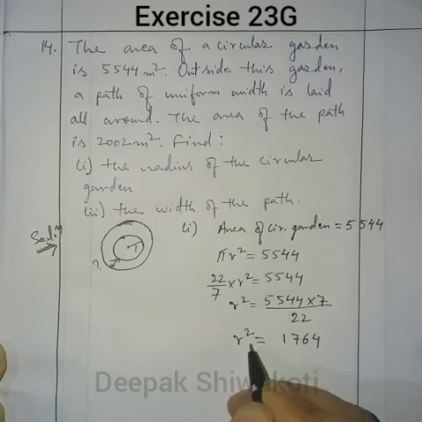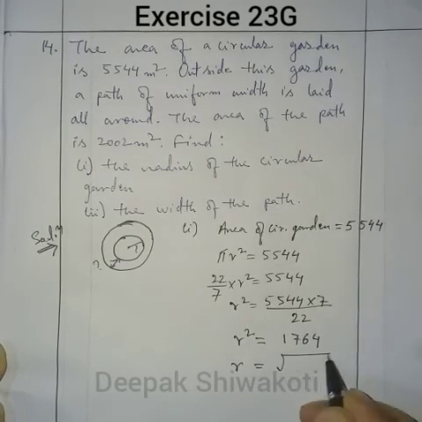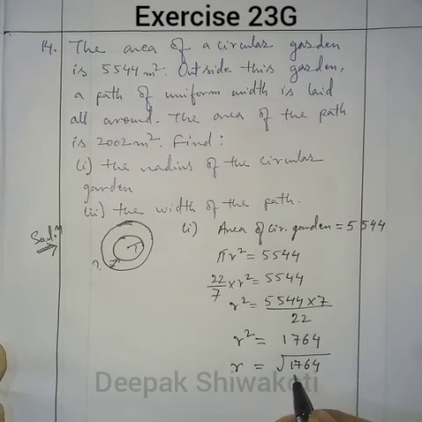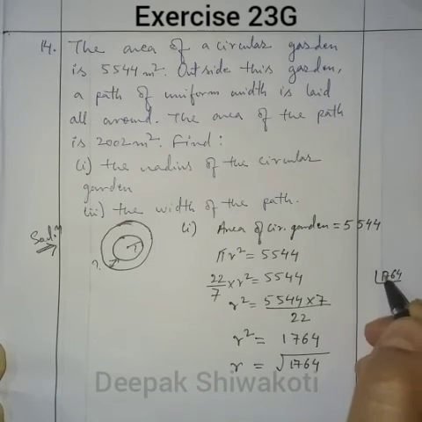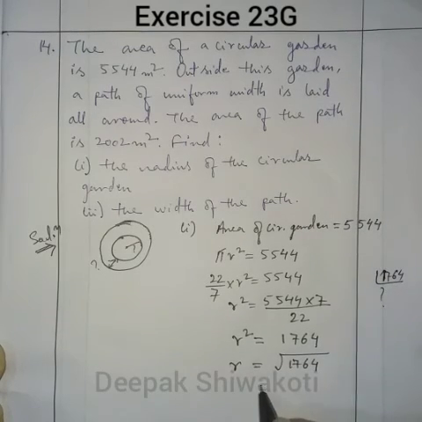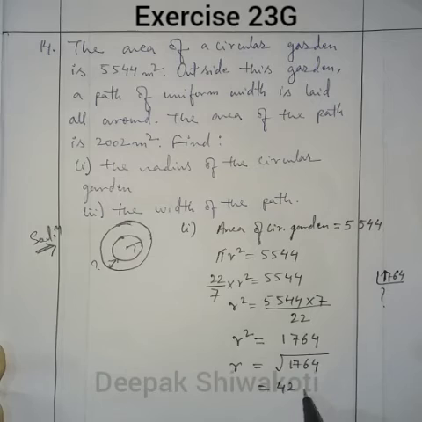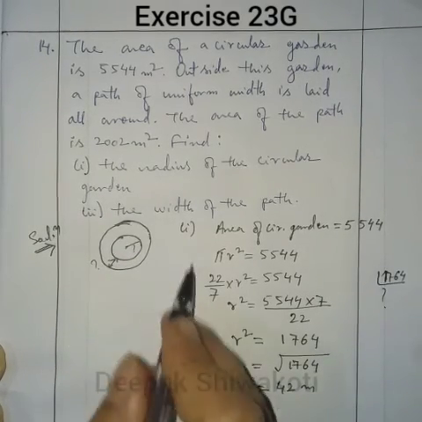The square root of this is the radius of the circular garden. Factorize this and find it. Here we get 42 as the square root of this. So 42 meter is the radius of this circular garden, which is number 1.